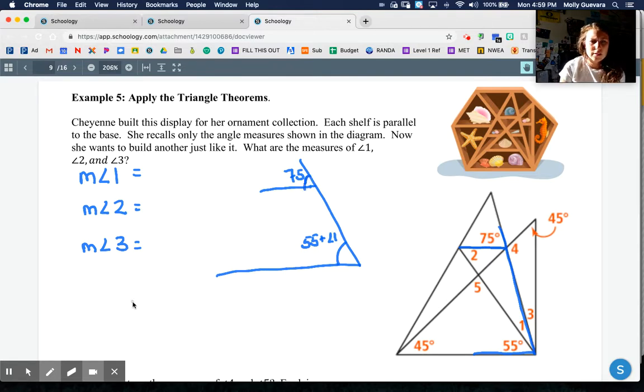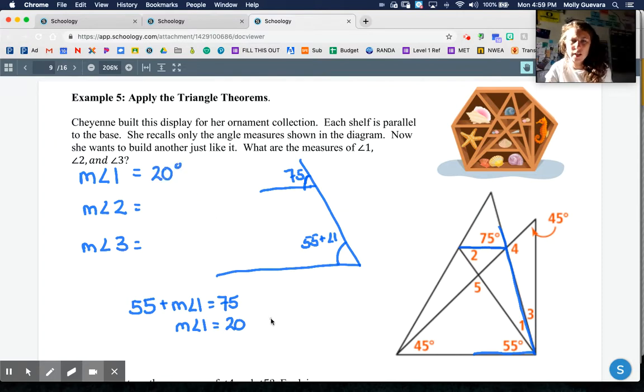So this tells me that 55 plus the measure of angle 1 equals 75. Right? This angle is 75, 55 plus 1, boom. Subtract 55 to the other side, and I get that the measure of angle 1 is 20 degrees. So I can fill that in. Measure of angle 1 is 20 degrees.